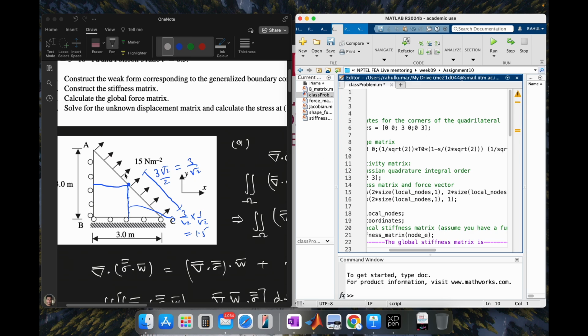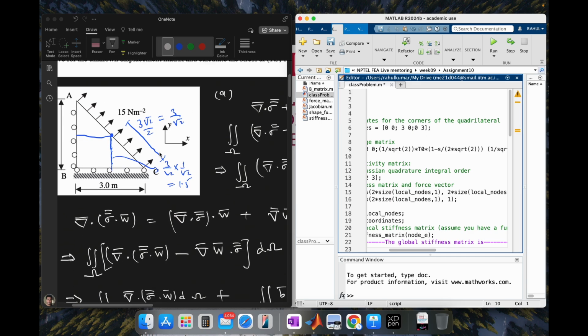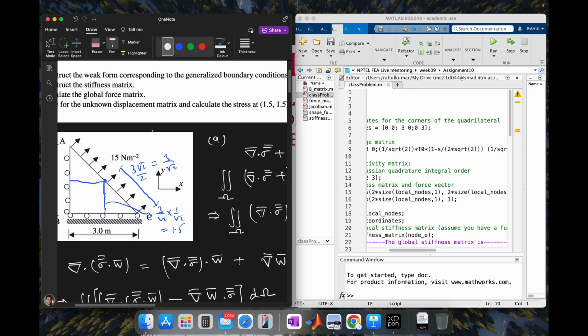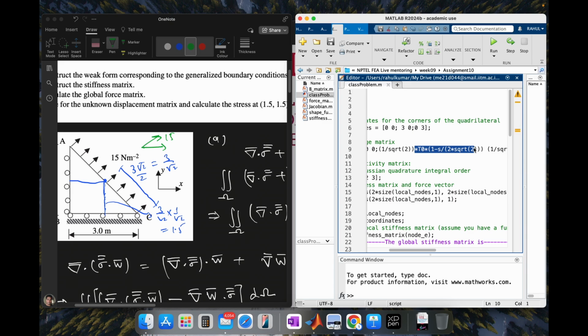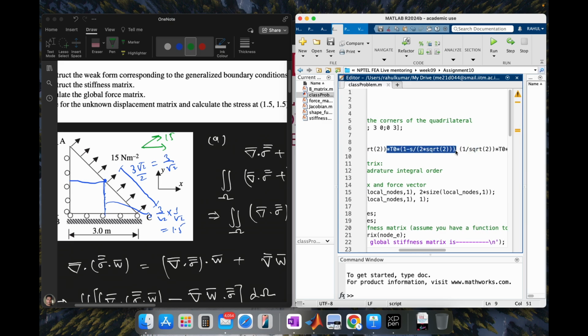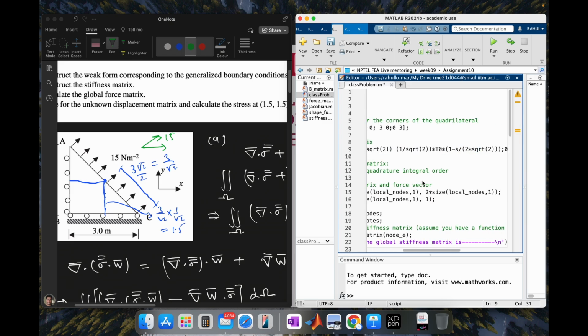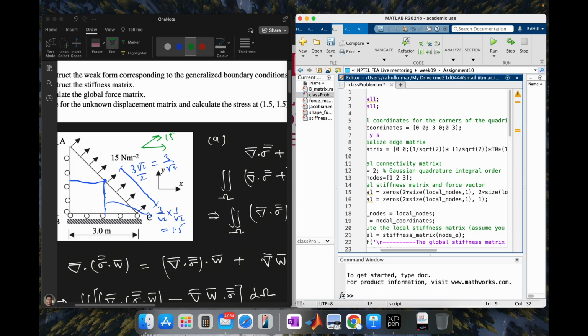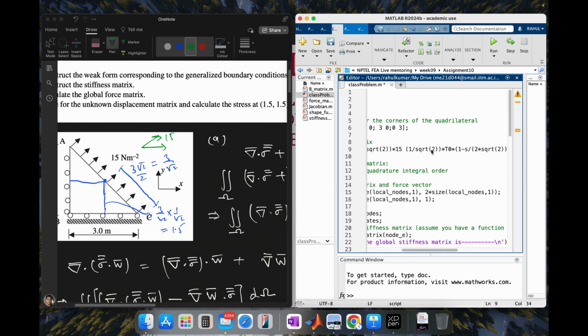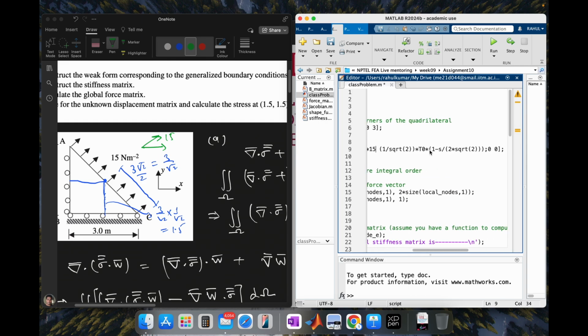For this plane it is the vertical direction. So if I resolve in x and y direction, it is 15 cos 45 degree, 15 sin 45 degree. So 1 by square root 2 into 15, and here also 1 by square root 2 into 15.